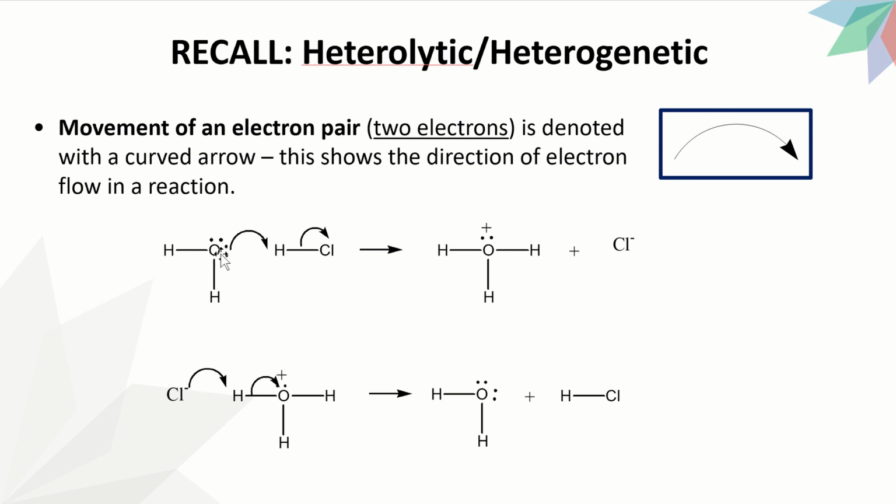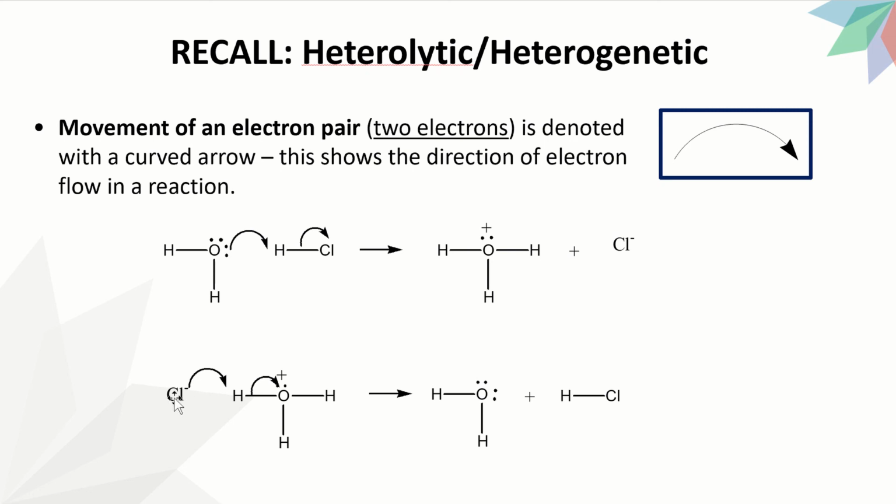So this means that this pair of electrons is forming a new bond with this hydrogen. This bond is breaking because the arrow starts there, and the pair of electrons now reside on the chlorine to form the chloride ion. So we have a new bond formed between the oxygen and the hydrogen. So we have our hydronium ion and chloride ion here.